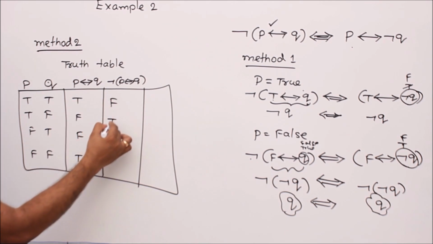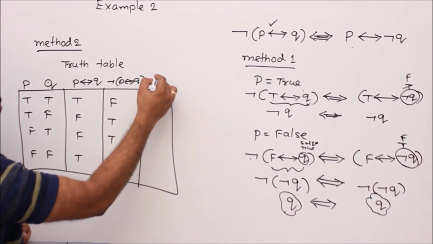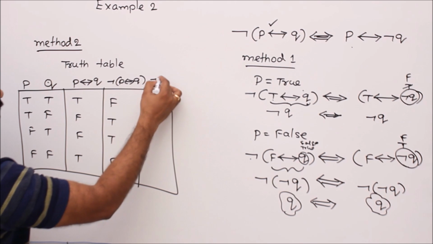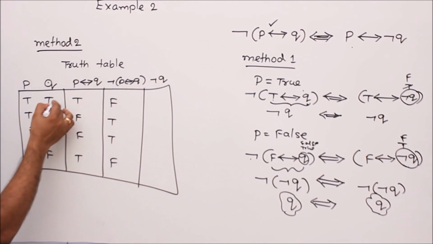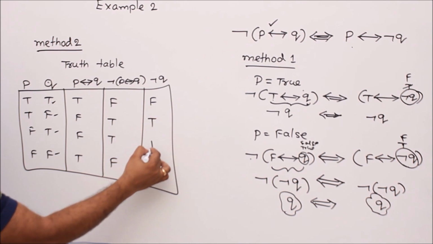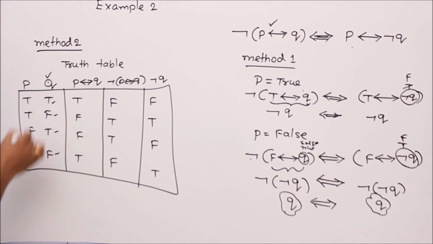It will become false, true, true, false. This is very easy technique. Second one, p double implies negation q. For that you need negation q. Let's take negation q. Whenever these are the q values, negation q will become false, true, false, true. The reason negation q is quite opposite to q. That's why I constructed negation q now.